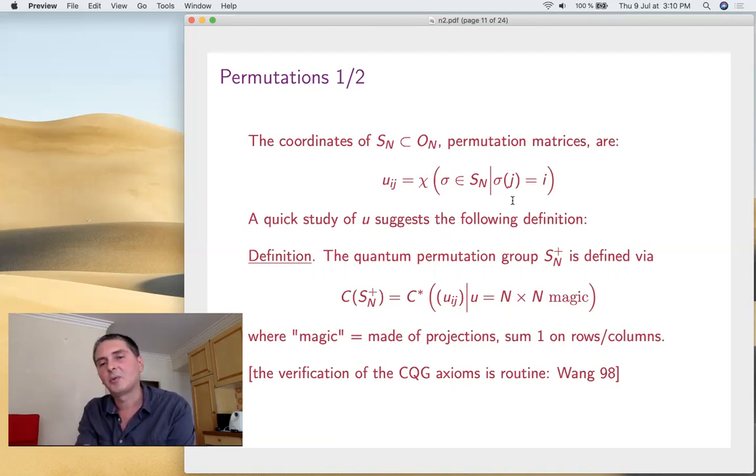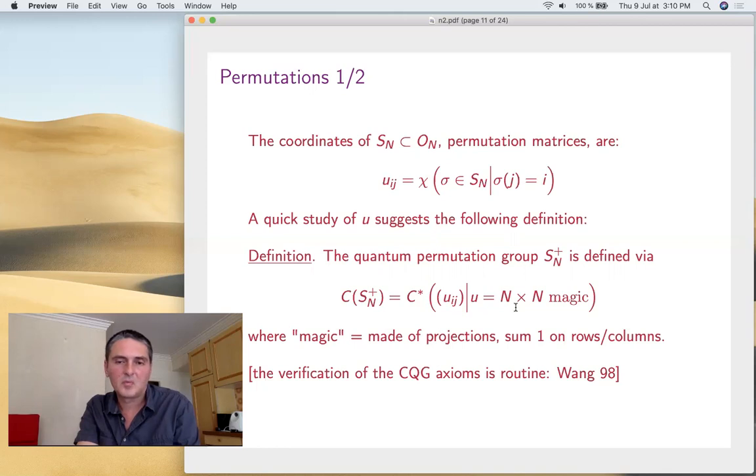And the point is that, of course, these commute, but we don't want commutativity. What are the other relations satisfied by them? Well, they're projections because it's 0 or 1. Also, if you take a permutation matrix, of course, the sum is 1 of these projections on each row and each column. So let's call a matrix magic if it's made of projections summing to 1 on rows and columns, and define C(S_N plus) in this way, just a universal algebra generated by the entries of a magic matrix.